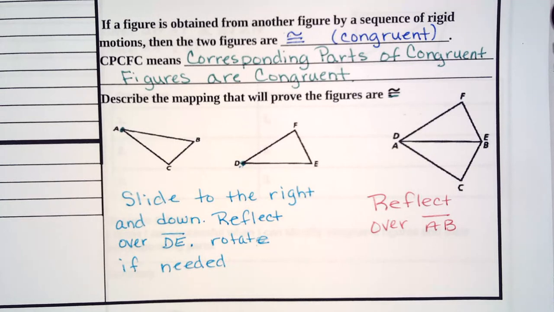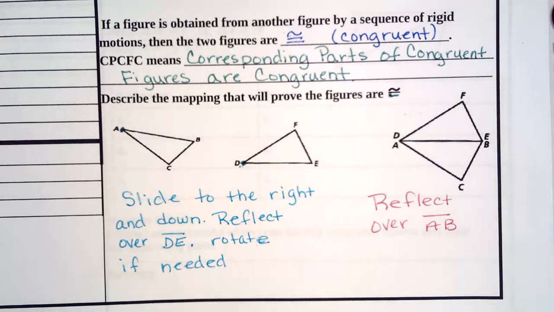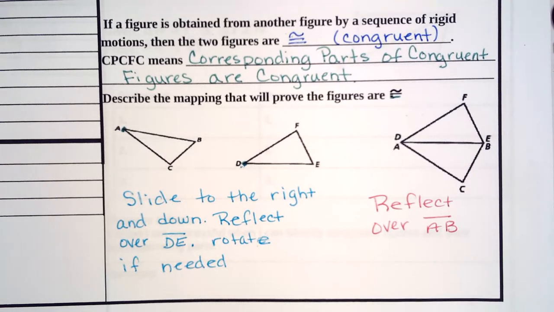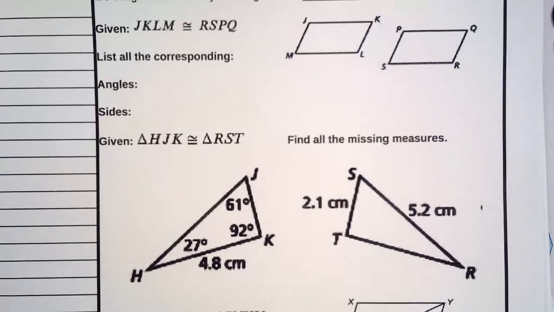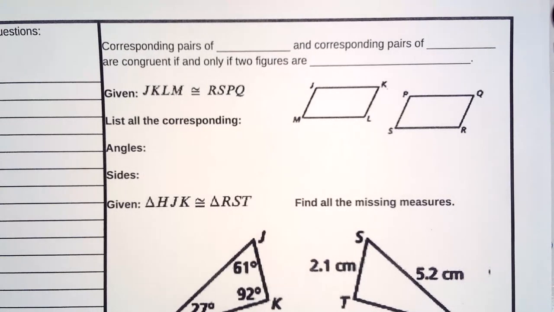So for the first page, we need to know what congruent means. We need to be able to use the triangle sum theorem, the vertical angle theorem, and the linear pairs to find missing parts. Okay, corresponding parts of congruent figures are congruent if and only if the two figures are congruent.